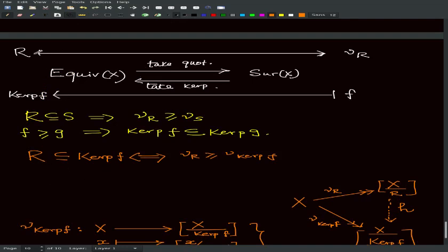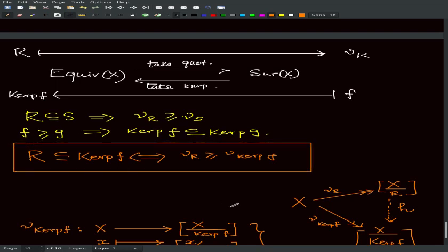You start from R, you go to nu R, and you can come back, and that satisfies this nice rule. R is smaller than the kernel pair of f if and only if the factor map due to R is larger than the factor map due to this, or in other words, the quotient set by R is larger than the quotient set by this.